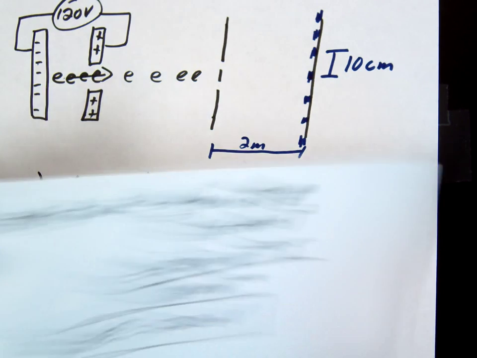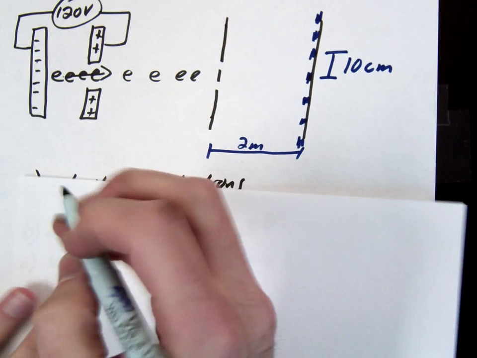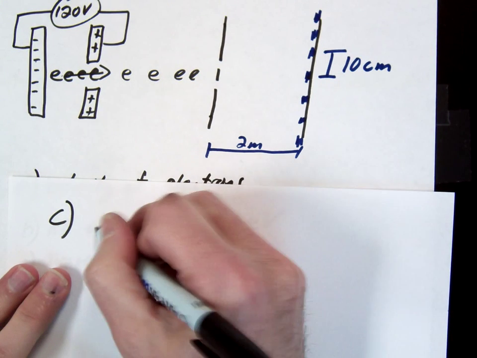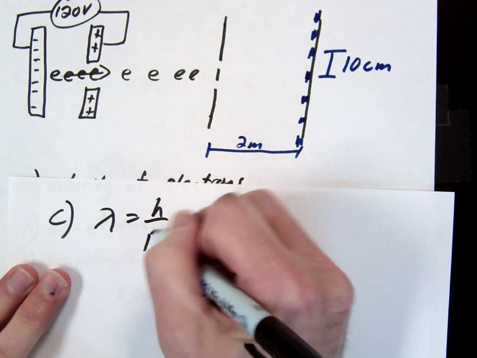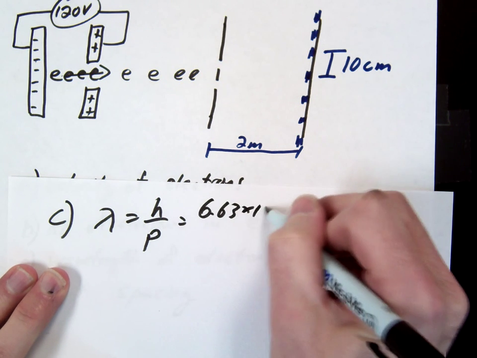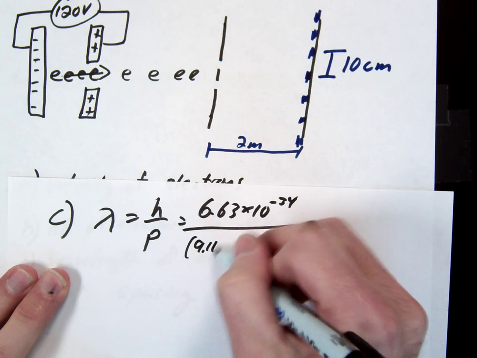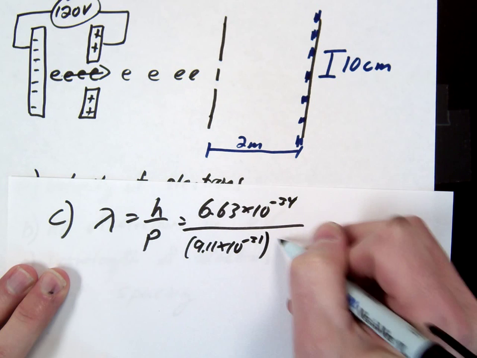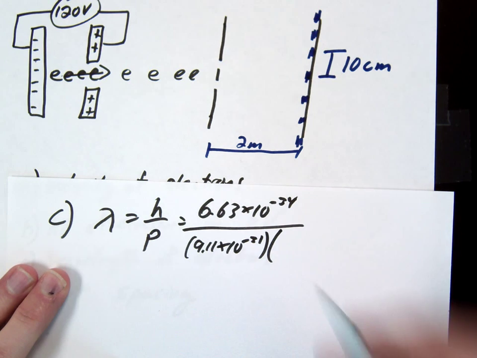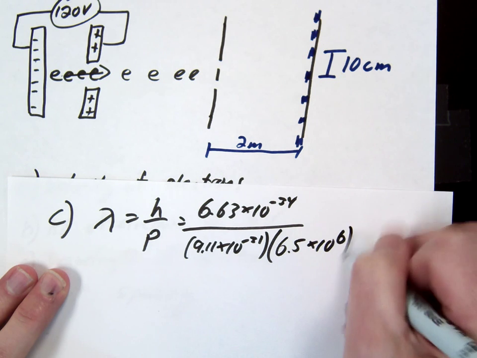All right, letter C, we're now going to find the de Broglie wavelength. Okay, so we're just going to use lambda equals h over p. 6.63 times 10 to the negative 34th divided by the mass of an electron times that velocity that we just found, 6.5 times 10 to the 6.